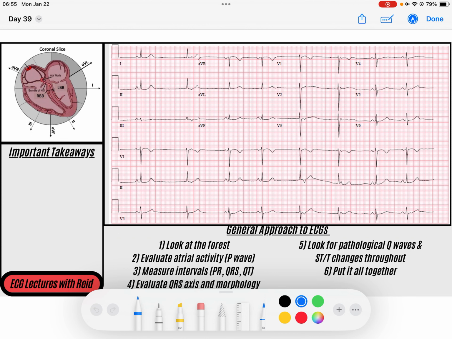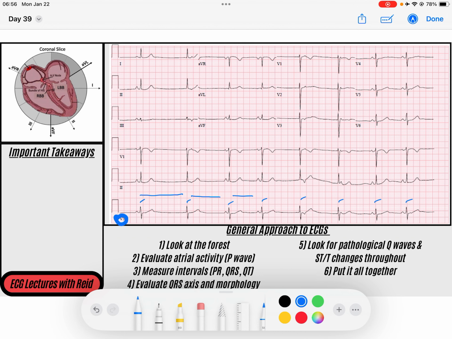And so first step, as you kind of get used to by now, is I like to look at the forest and just get a general vibe of what's going on with this rhythm. The first thing I noticed, maybe looking down here at this V5 lead rhythm strip, is that I've got these narrow complex QRSs. They all stay narrow, so that makes me think that this rhythm is coming from at least the AV node or higher. My intervals, though, seem to be long, and then maybe shorter, so there's some type of irregularity.